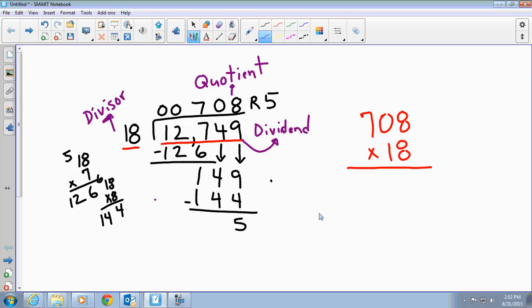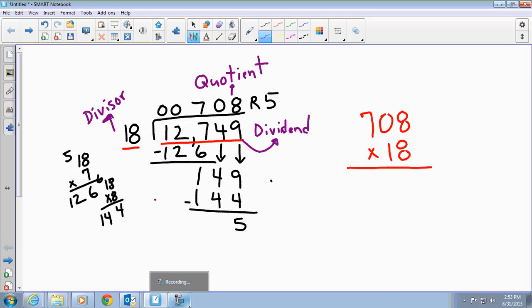My dividend is 12,749. That is my dividend. And then finally, my answer to a division problem is my quotient. So I have my divisor, my quotient, and my dividend. Those are three vocabulary terms that are pretty important when you're dealing with division.